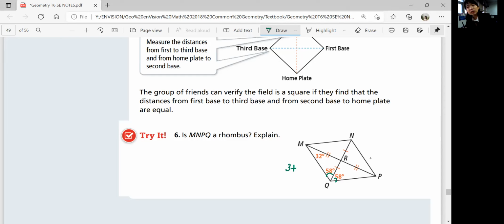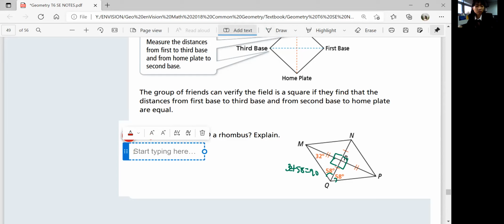So since 32 plus 58 is 90 degrees, what is the last angle? It's a right angle. Then if that's a right angle, that's also a right angle because it's a linear pair. That's also a right angle, and that's also a right angle. These are all right angles. So the diagonals are perpendicular and they bisect each other. So diagonals being perpendicular bisectors, you know it's a rhombus. It needs to be a rhombus.